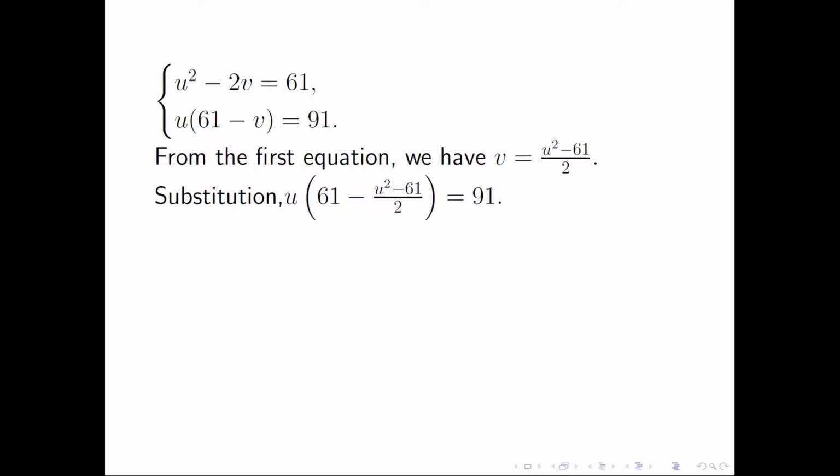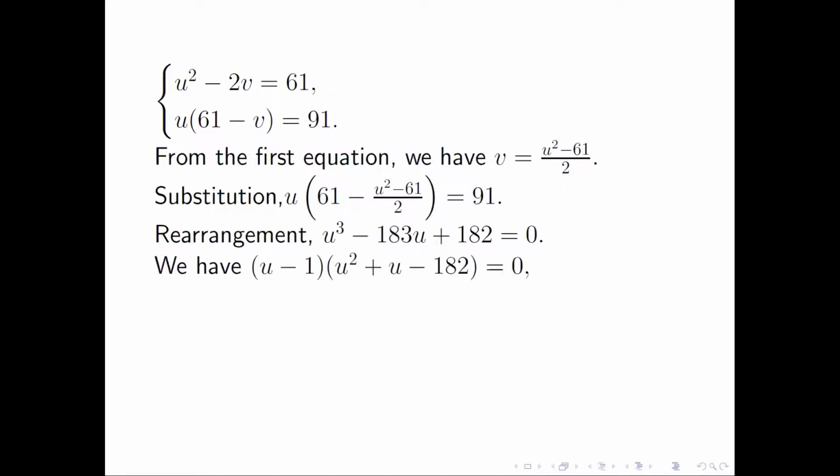Times 2 on both sides and combine the like terms, we get a cubic equation in u: u cubed minus 183u plus 182 equals 0. Look at the three coefficients: 1, negative 183, and positive 182. They sum up to 0, which means u equals 1 is a root.